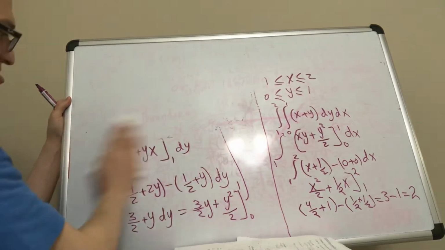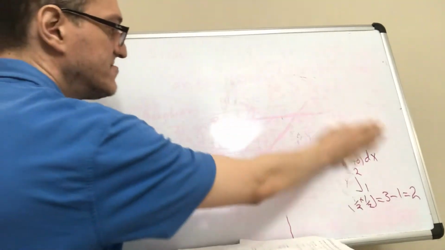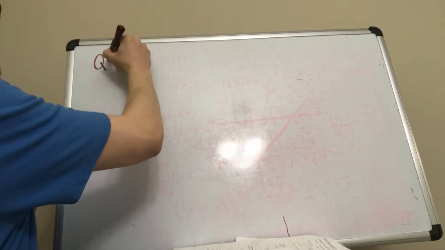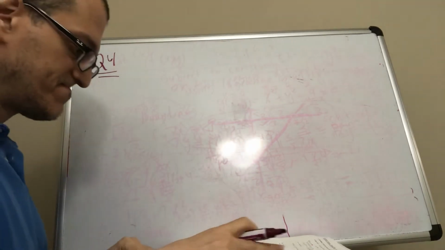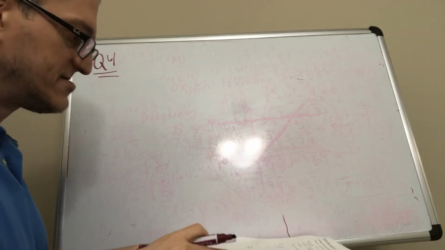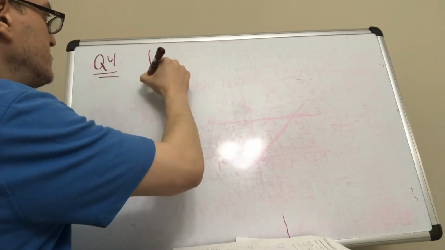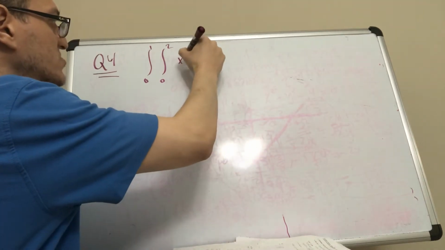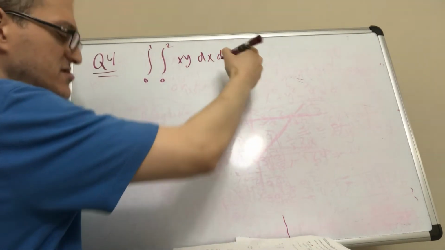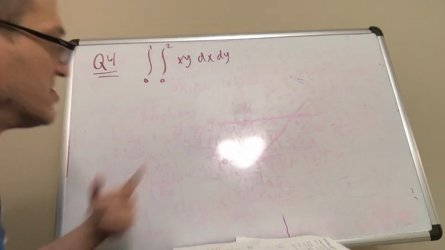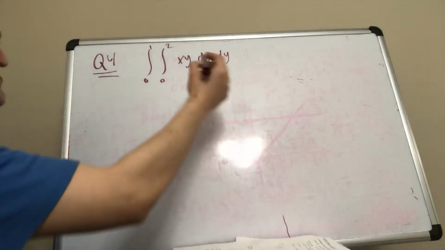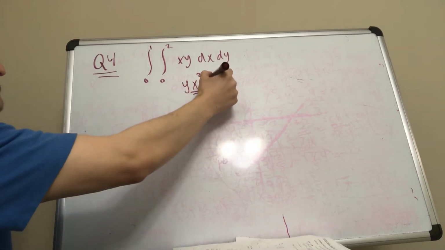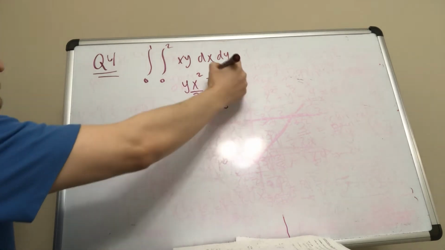Question 4 in worksheet A. Integral 0 to 1, 0 to 2, xy, dx, dy. So they tell you in the question, they want the dx first. With y as a constant, the x integral would be x squared over 2, and you need to plug the 0 and the 2.